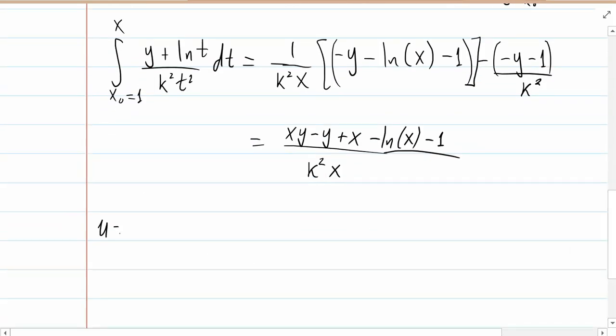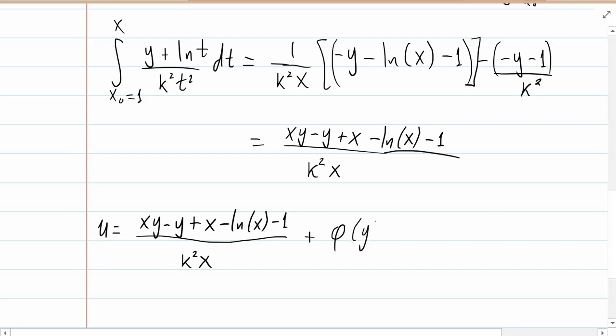Now, u was equal to this very integral plus phi of y. So that means that u is equal to xy minus y plus x minus the natural log of x minus 1, all of this divided by k squared x, plus a function of y.